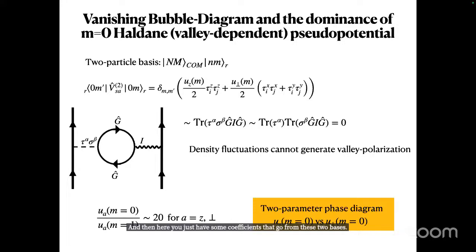Here you just have some coefficients to go between these two bases. The good thing about this basis is that we know that if you have any two-particle interaction that only depends on the relative position, on the distance, then the matrix element becomes very simple.